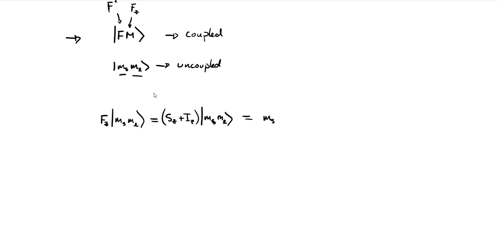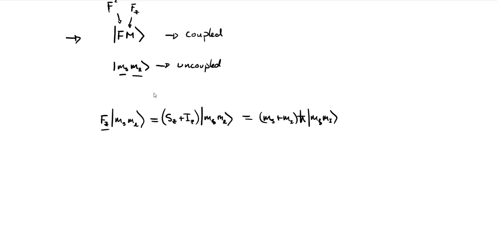So that's going to be m_s plus m_I times h bar, on |m_s, m_I>.